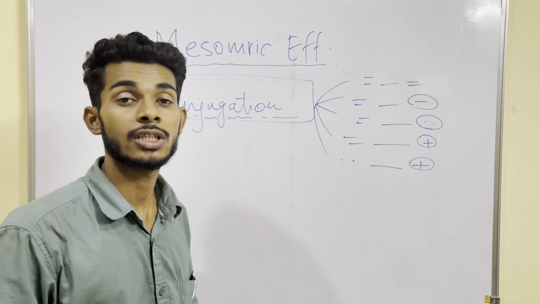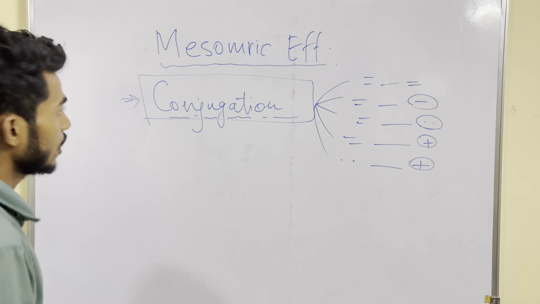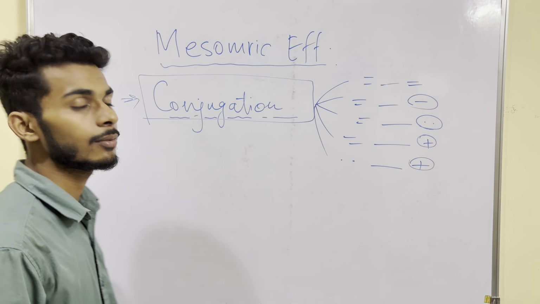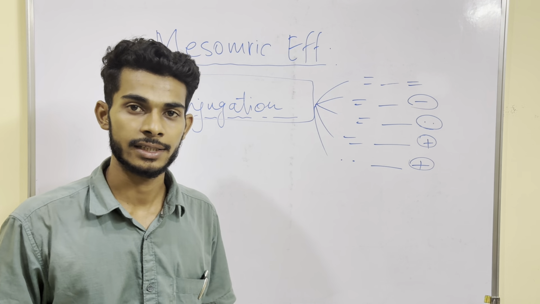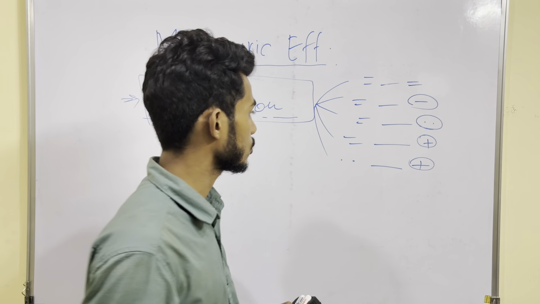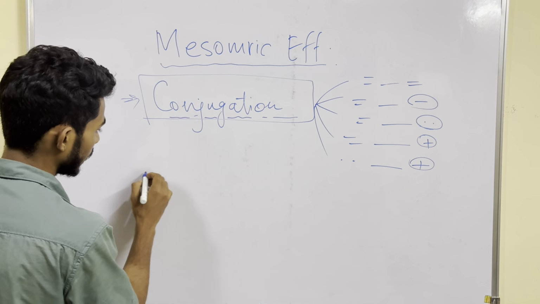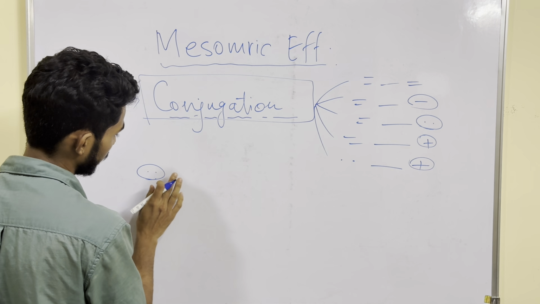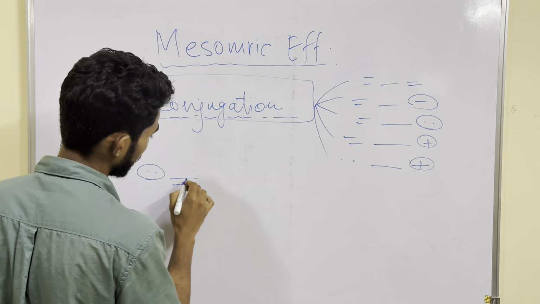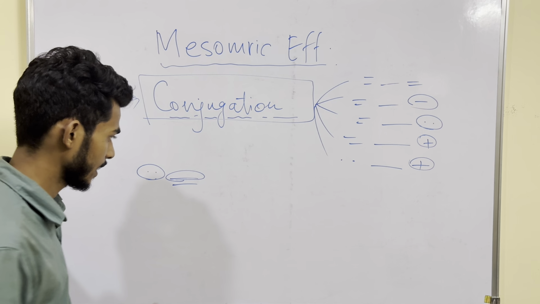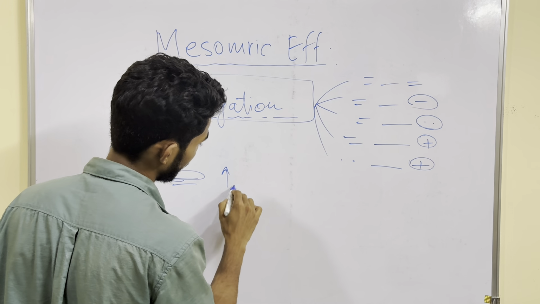So what is conjugation in organic chemistry? Conjugation is a system of overlapping p orbitals which leads to the delocalization of pi electrons, and ultimately increases the stability.